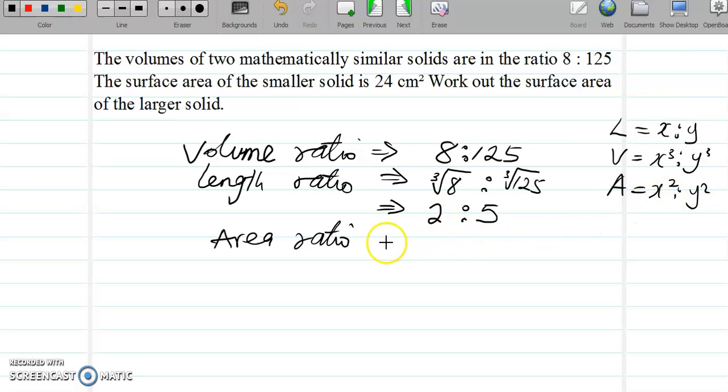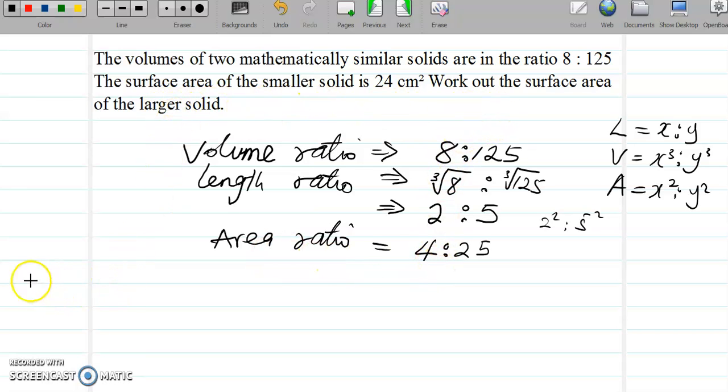So I'm going to square this. If I square this, I have 4 is to, if I square this, I have what? 25. That is 2 squared is to 5 squared, 4 is to 25. Now since I've obtained the area ratio, I can now find the area of the larger solid.